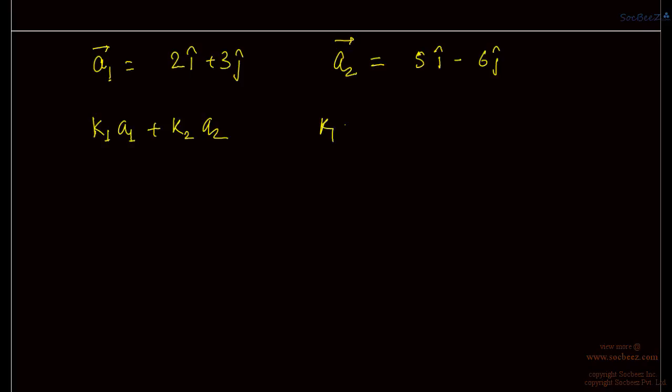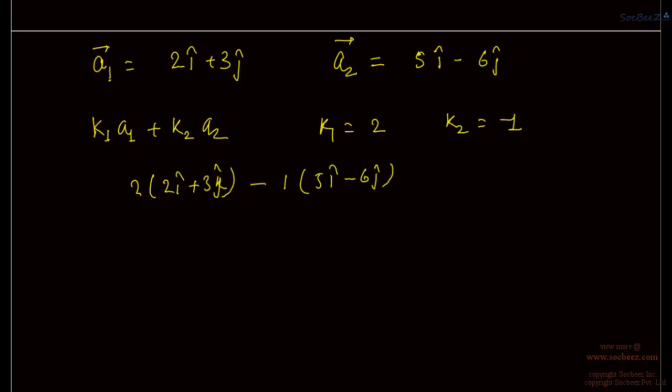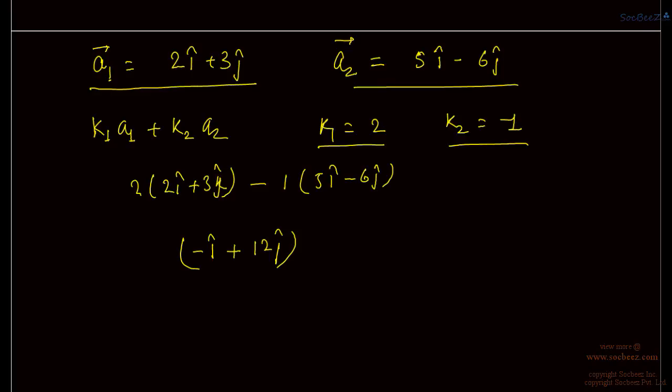For example, if we take k1 equal to 2 and k2 equal to minus 1, its linear combination will give another vector, which is equal to 2 times (2i plus 3j) minus 1 times (5i minus 6j), which is equal to minus i plus 12j.